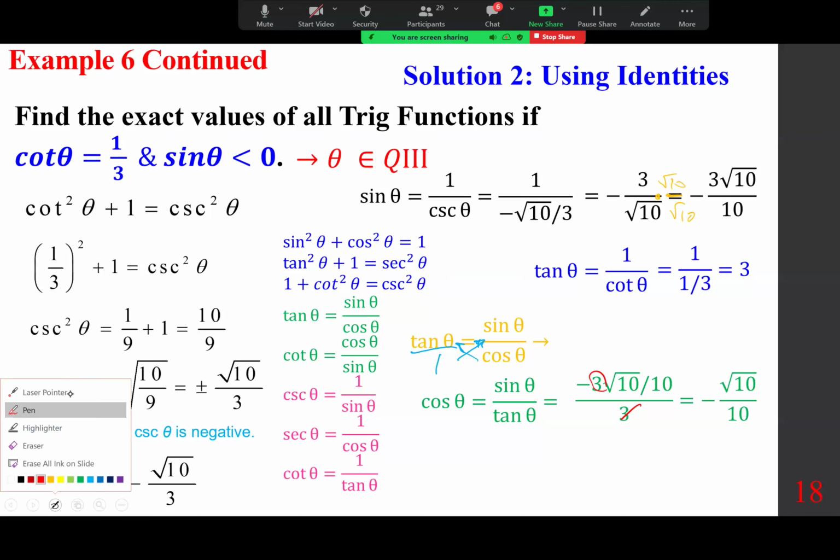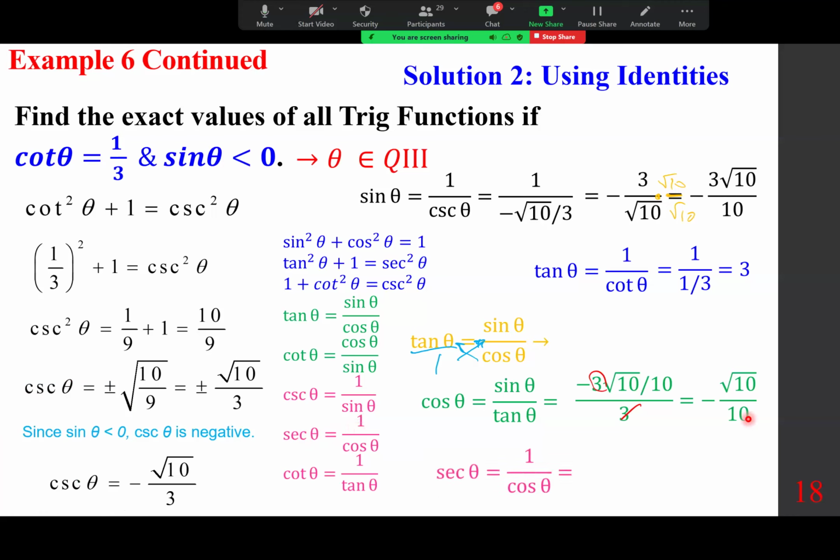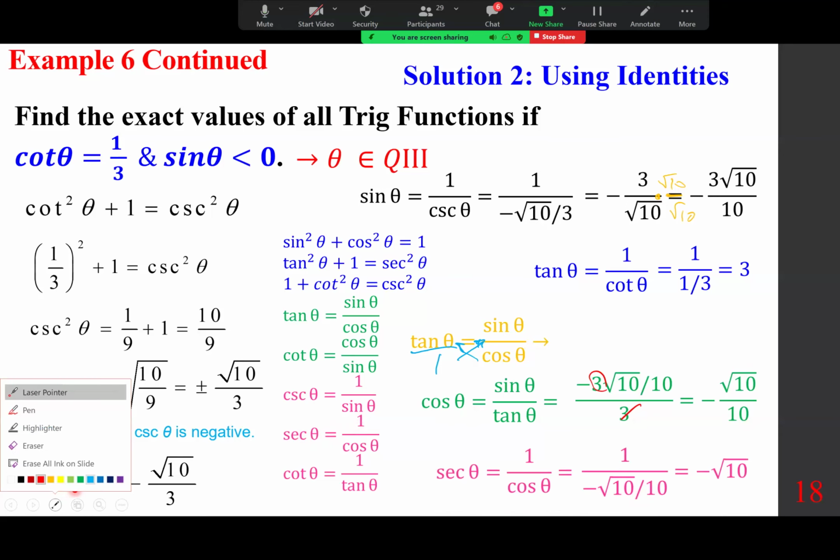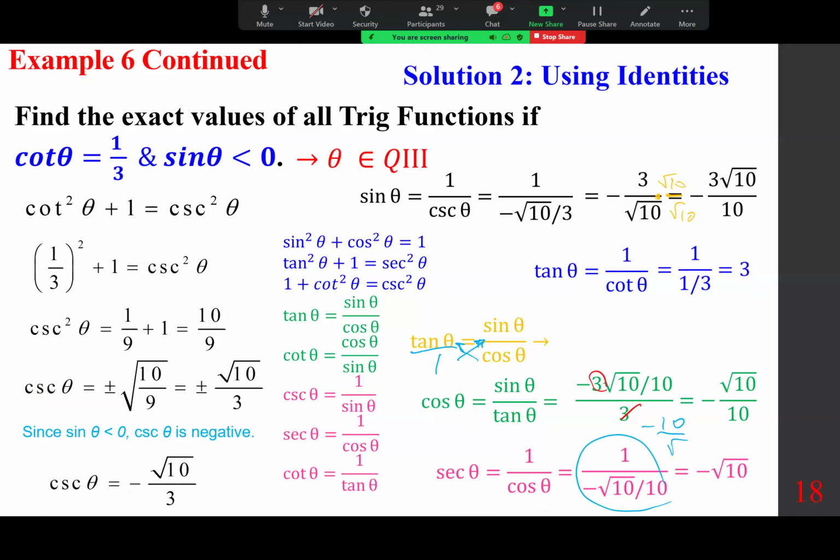Finally, secant theta is the reciprocal of cosine. And the reciprocal of this, everybody, is minus 10 over square root of 10.